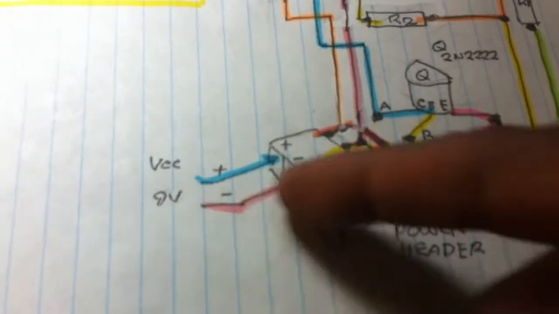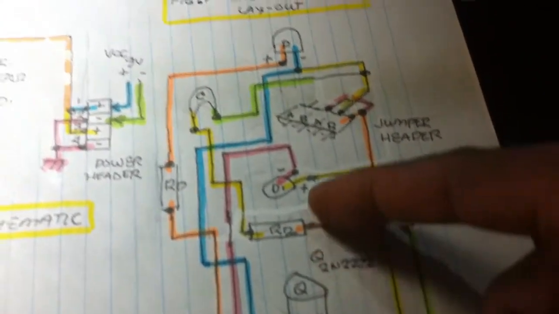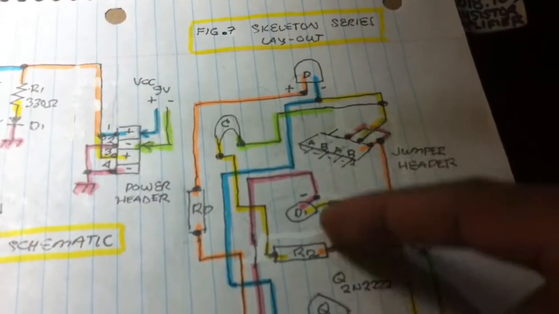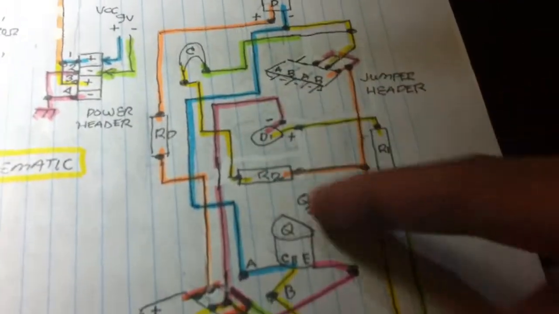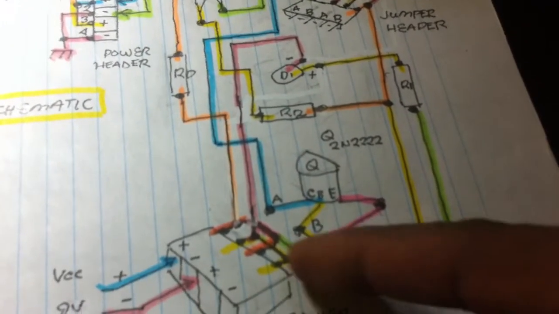We now connect the voltage supply at the base, powering on the skeleton type module. We have the connection here.